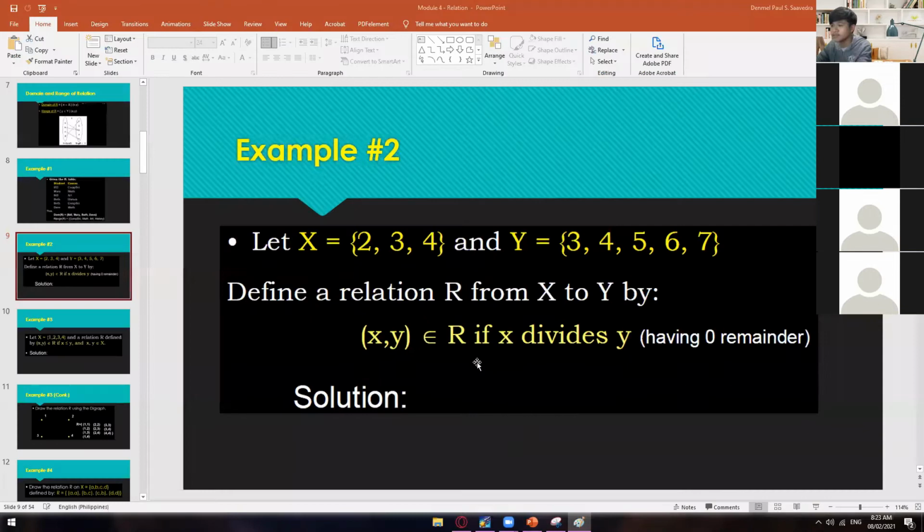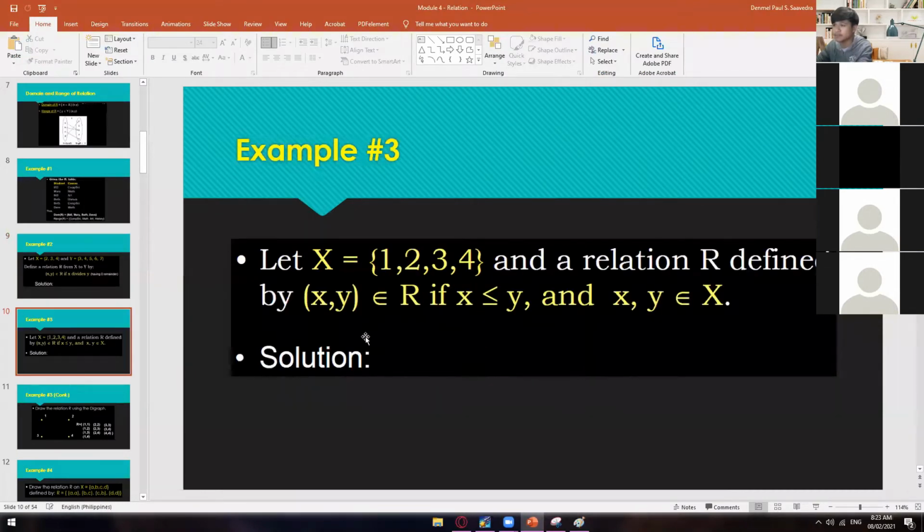All right. So let's now move on to example number 3. So we have here set x, which has elements 1, 2, 3, 4, and a relation defined by x, y, if x is less than or equal to y, and x, y is an element of x.